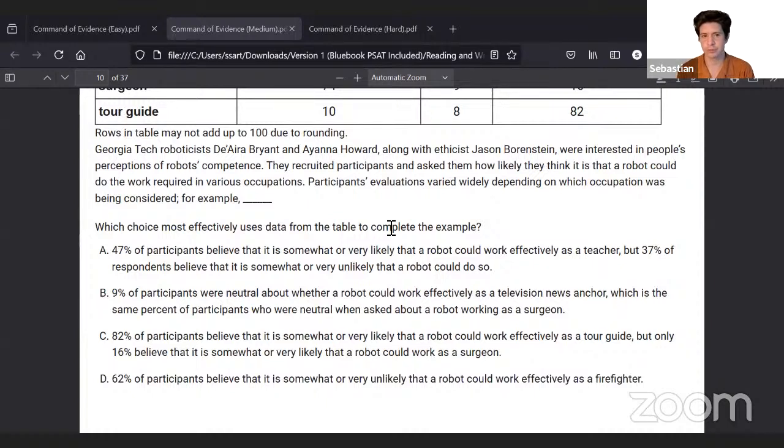So that doesn't really work because we're looking for differences, right? The varying widely part.